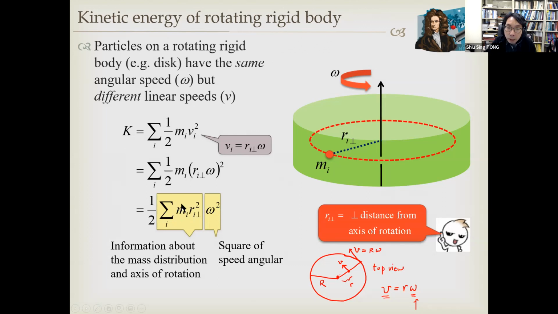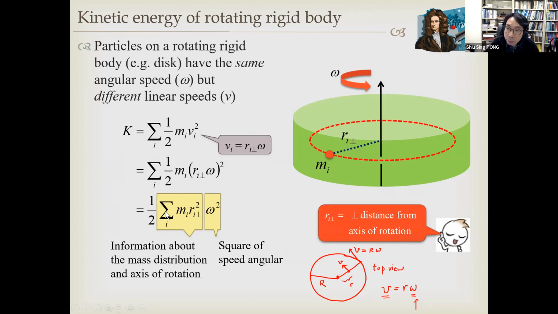And the second quantity is a mysterious summation. It somehow contains the information about the mass distribution and the axis of rotation. So this quantity depends on how the mass is distributed and also the axis of rotation which you choose to rotate the object, right?